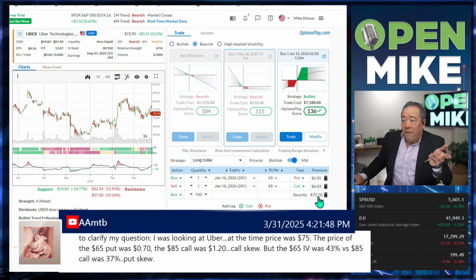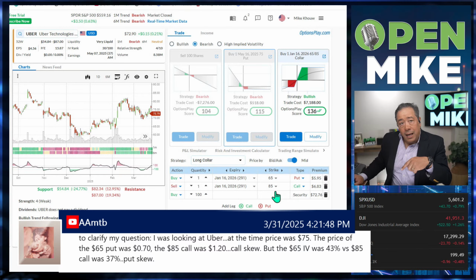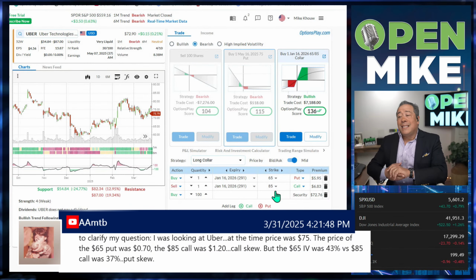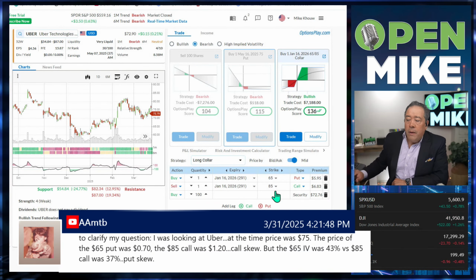You have downside from $72.90 to $65, which is $7.90, and you have upside from $72.90 up to $85. So by the looks of things, it would appear that you've got $12.10-ish worth of upside.